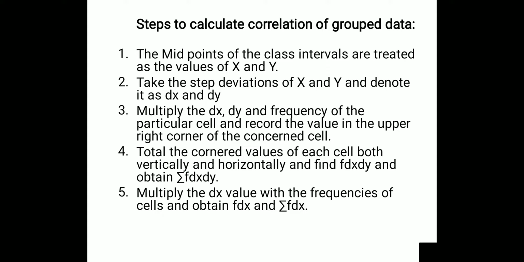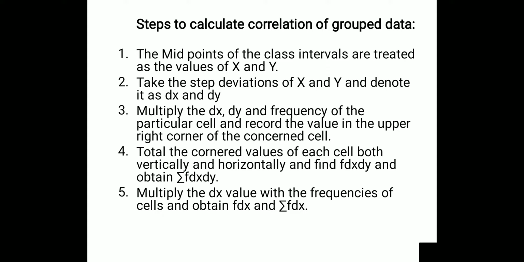Then total the concerned values of each cell both vertically and horizontally, and find f dx dy and obtain sigma f dx dy. In the problem I have put these corner values in the form of brackets. We can discuss it later.